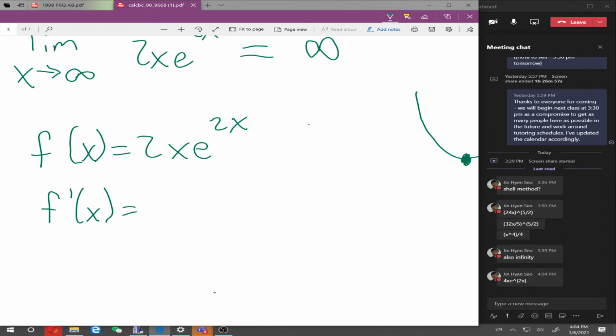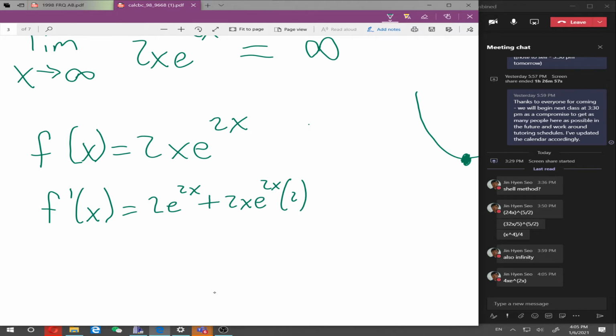We have two functions here. Kyle, I'm going to jump back to you while Jin's typing. What's going to happen when we derive this? You get 2 times e to the power of 2x, plus 2x e to the 2x times 2.